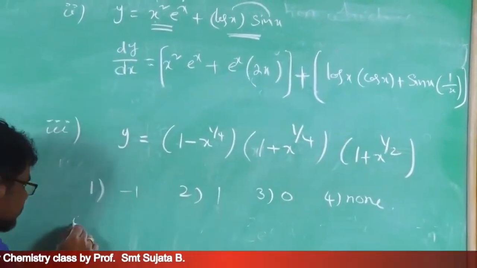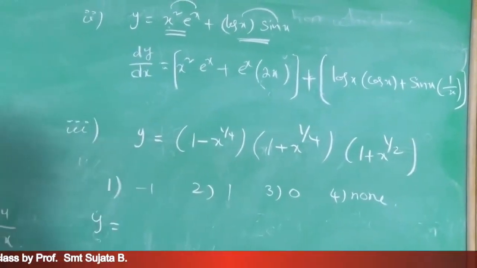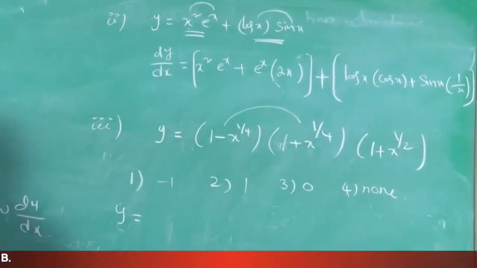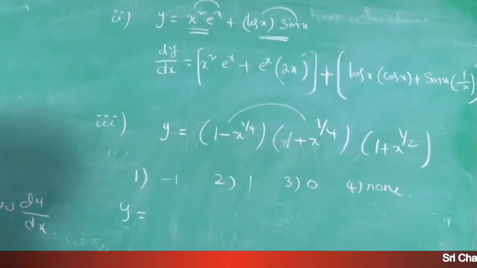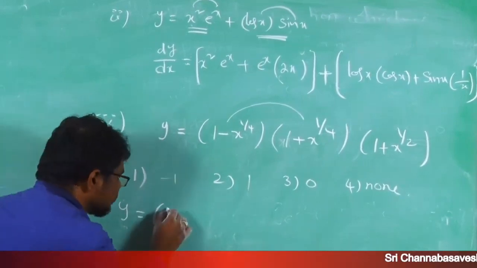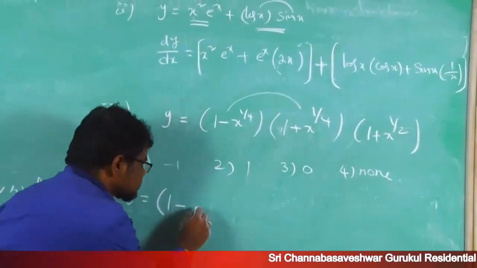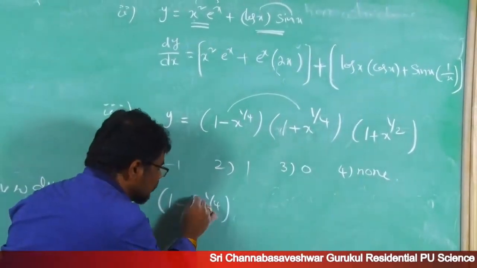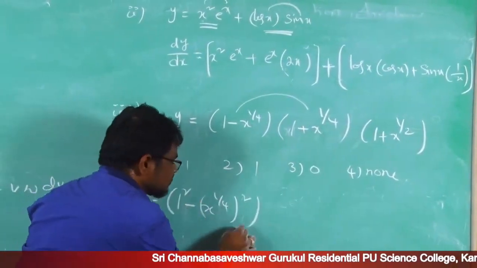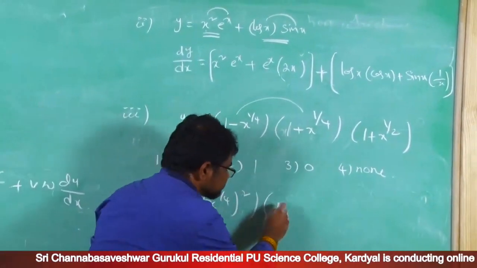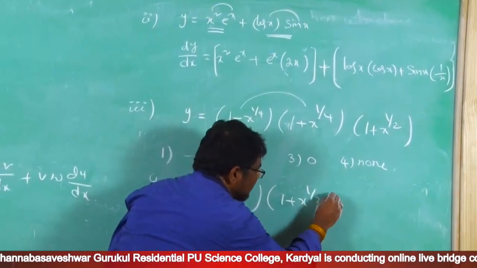So first we have to observe the problem. Can you simplify or not? Once you observe, it is in the form of a plus b into a minus b. If you apply that formula, you get a square minus b square, that is, x to the power of 1 by 4 whole square, and here 1 square. So 1 minus x to the power of 1 by 2, into one more term, 1 plus x to the power of 1 by 2.